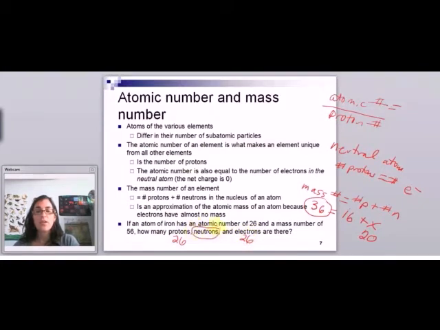In order to figure out my neutrons, I know that my neutron number is going to be equal to my mass number minus my proton number. So that's just a rearrangement of that equation. So my neutrons in this case are equal to 56 minus my number of protons, 26. So there must be 30 neutrons in this atom of iron. So that's how you do the math for a problem like this.